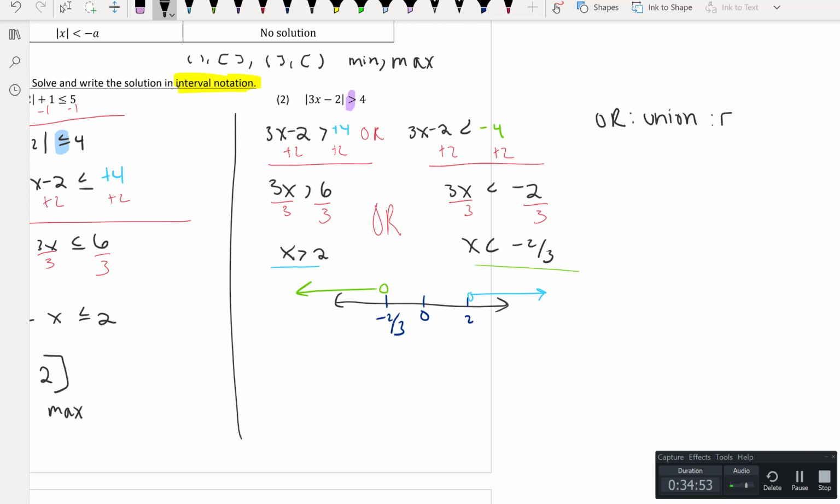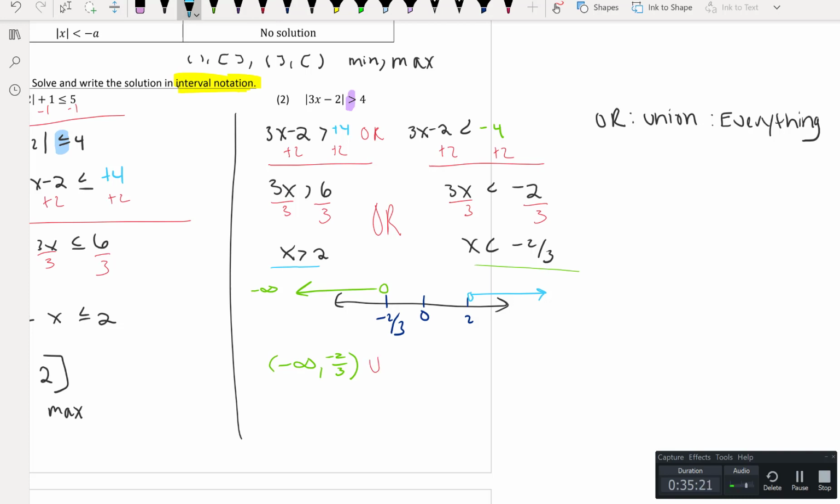If I have the union, that really means everything. So that or tells me I'm going to write the union. So let's start with the piece on the left. The smallest value here would be negative infinity, and the maximum or the biggest value is -2/3. And since I have the word or, this is union.